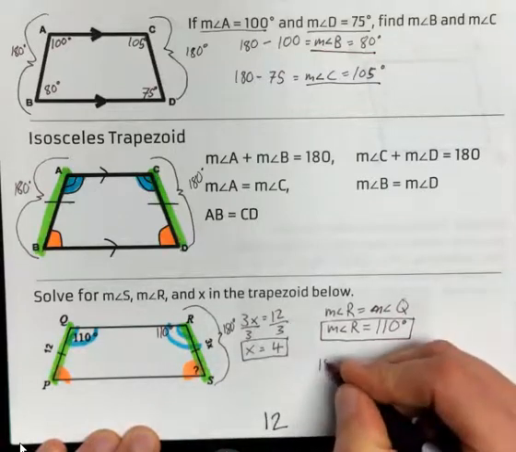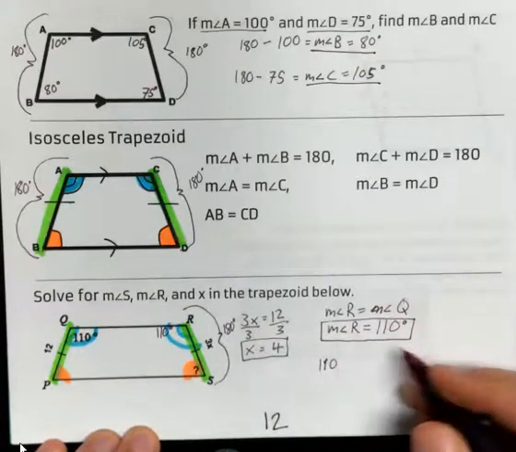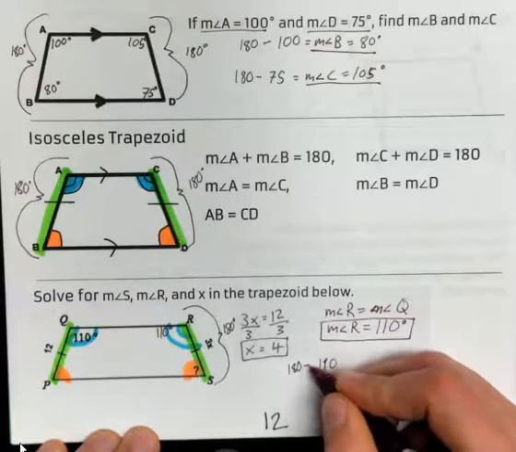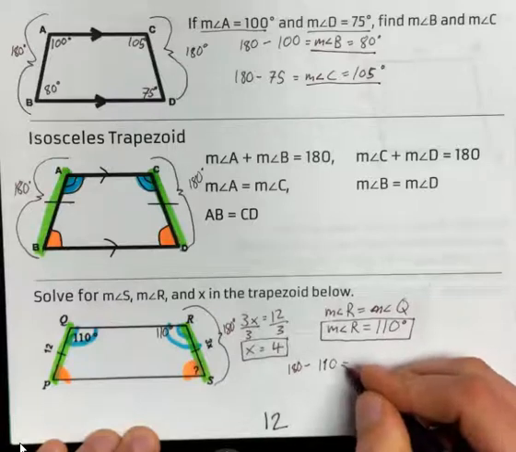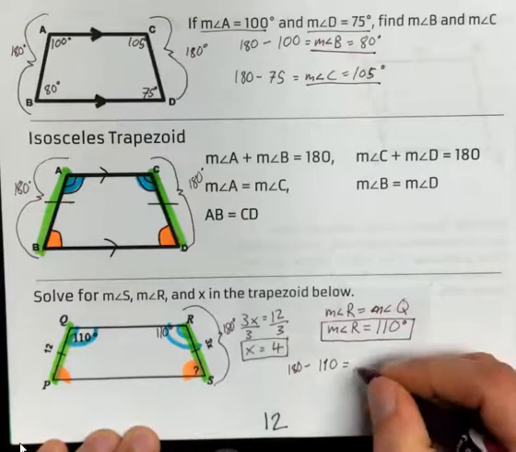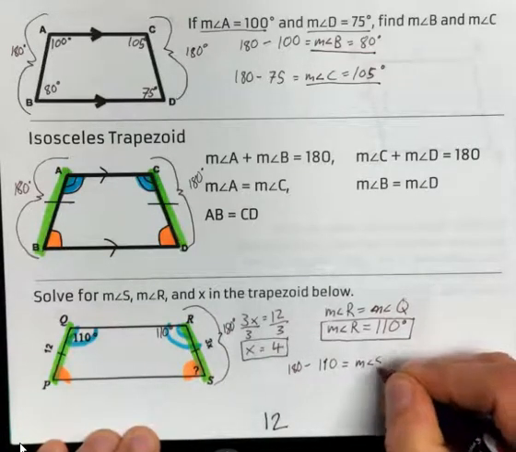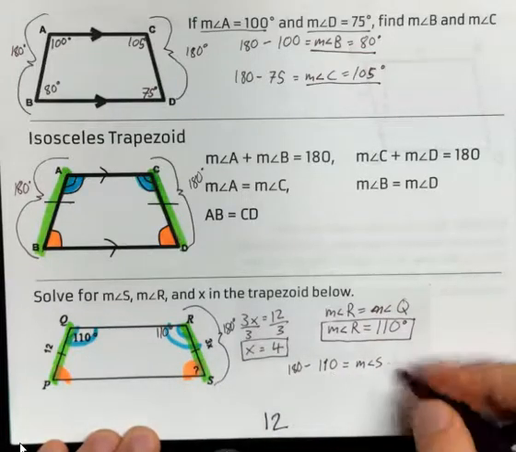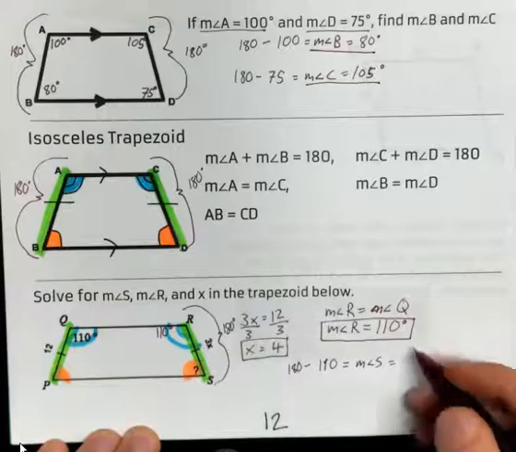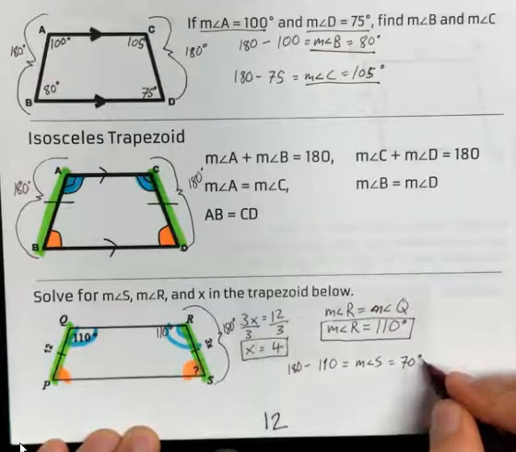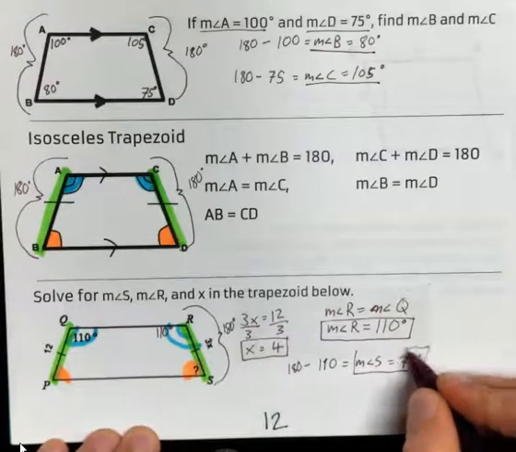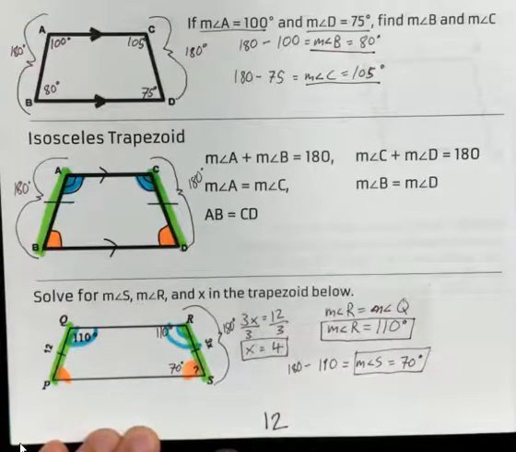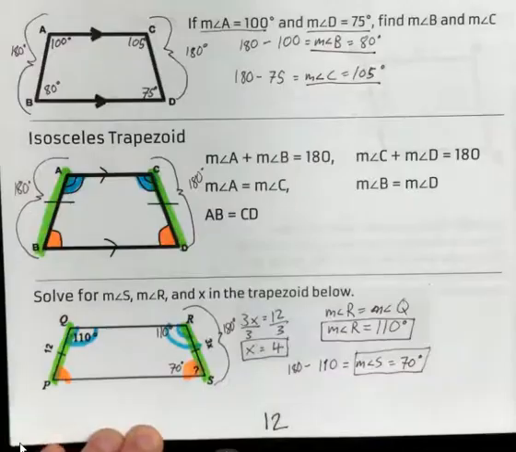So it's 180 minus 110 degrees. That is going to equal measure of angle S, right? And 180 minus 110, that is 70 degrees. Okay, moving on.